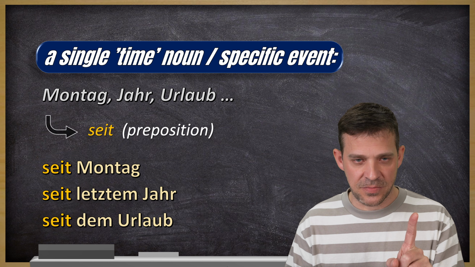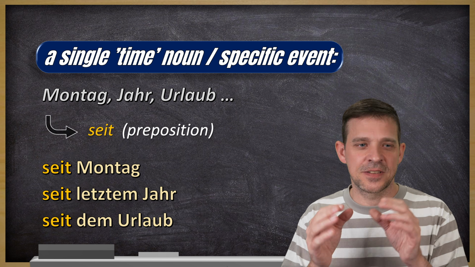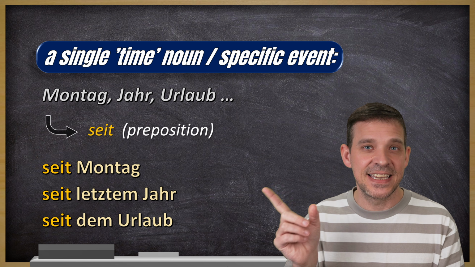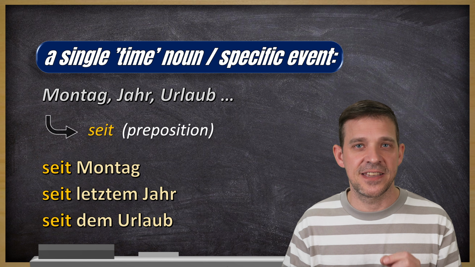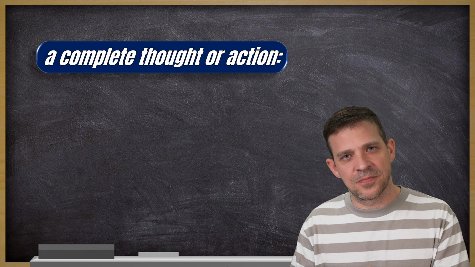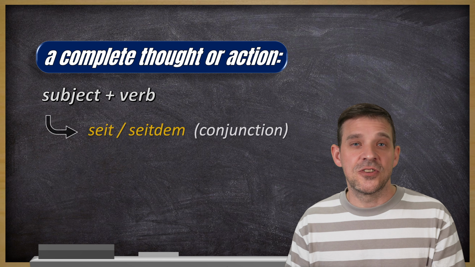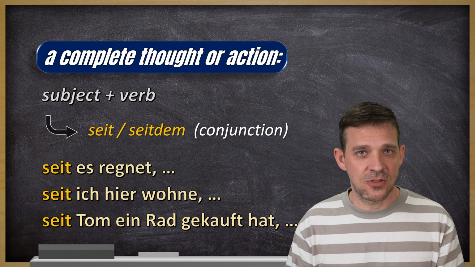Seit as a preposition, if you have a noun, more specifically a single time noun or specific event. If you have a complete thought or action, meaning you have a subject and a verb, then use seit oder seitdem as a conjunction.